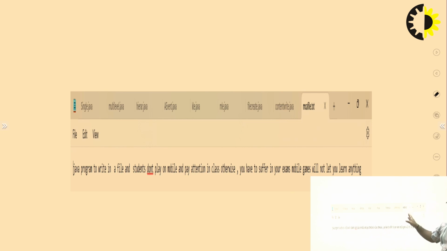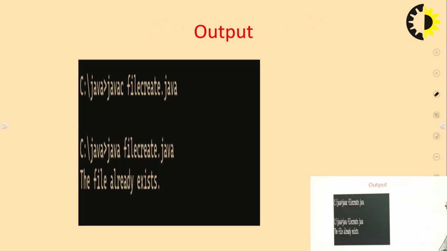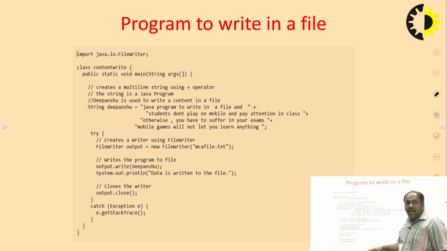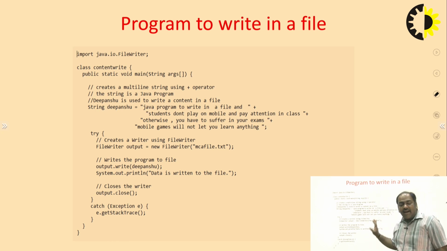As you have seen in the output, all the data is written into this blank file. So using a character stream, first we created a file using Java. Then after creating this file, we wrote into this file using the FileWriter class.